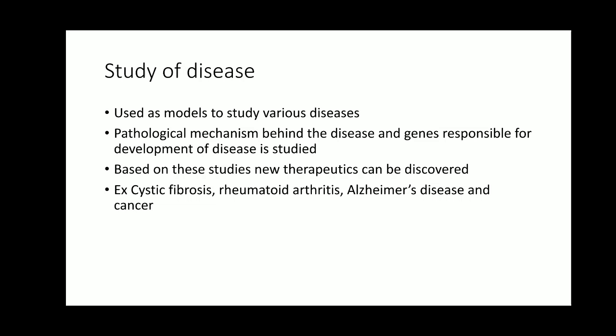So studies are done in transgenic mice with regard to cystic fibrosis. Apart from that, rheumatoid arthritis is an autoimmune disorder causing painful swelling and eventually resulting in bone erosion as well as joint deformity. And we have Alzheimer's disease. It is loss of memory and inability to carry out day-to-day activities.